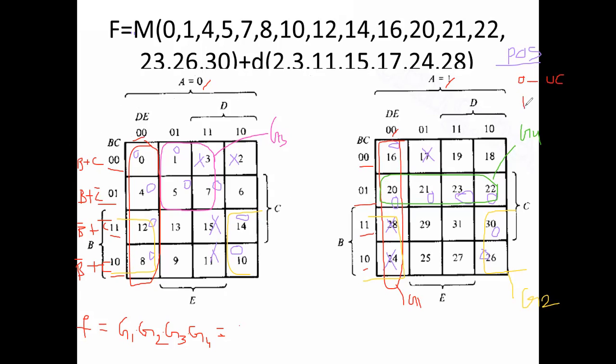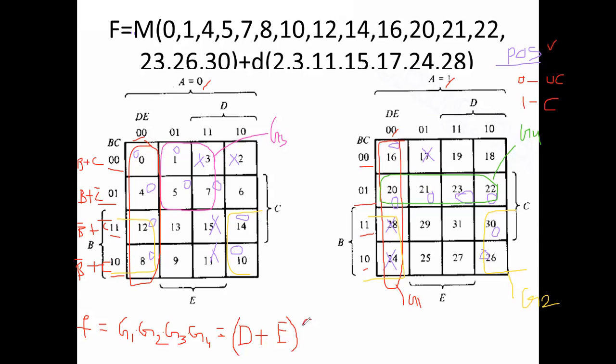If 1 is the variable value, then that will be taken in complemented form, because this is POS form. So D is 0, E is 0. So what is the Z1 value? D is 0, so D plus E also 0. The group 1 expression is D plus E. Do you understand? So group 1 is completed.